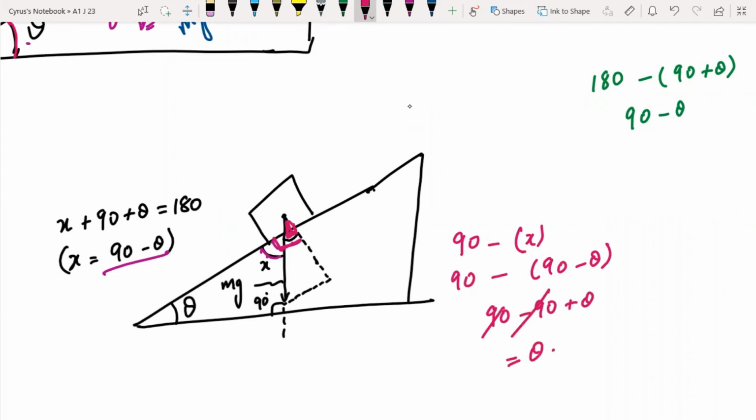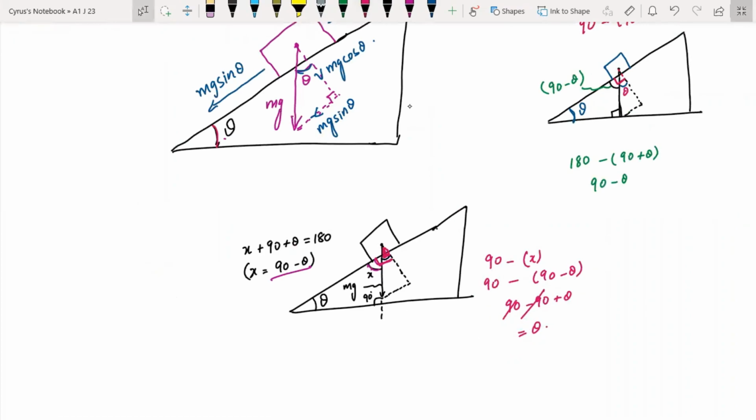That will give you theta. So this angle is always theta. Is that clear?